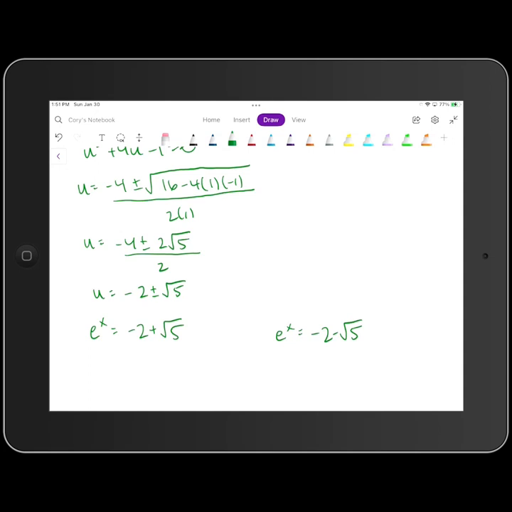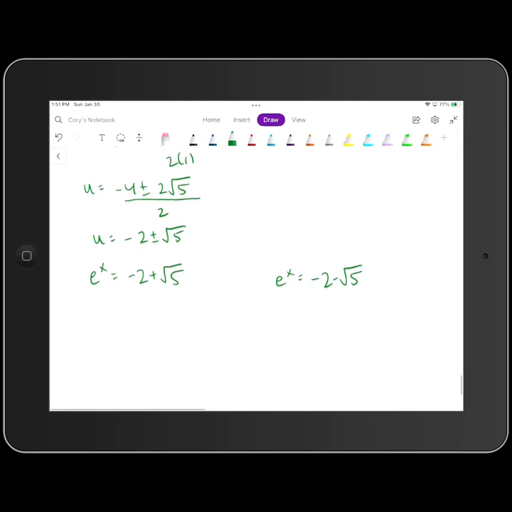Well, if we want to solve for x, I want to get x out of the exponent. So you can think of this two ways. You can apply natural log to both sides, or you can rewrite this exponential equation in log form. Either way, you're going to get x equal to the natural log of negative 2 plus rad 5. And for the equation on the right, we get x equal to the natural log of negative 2 minus rad 5.